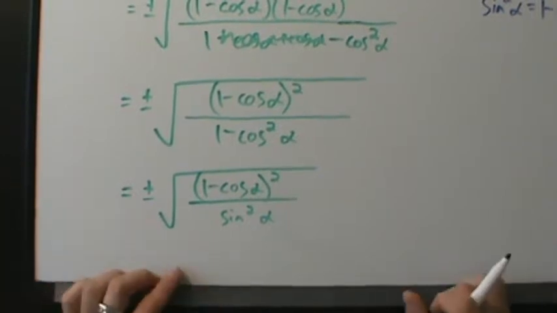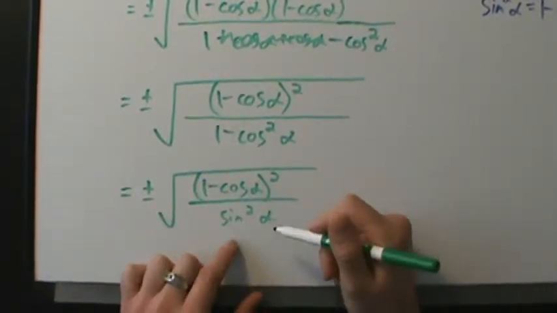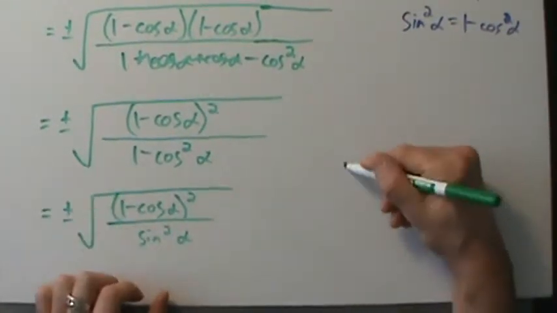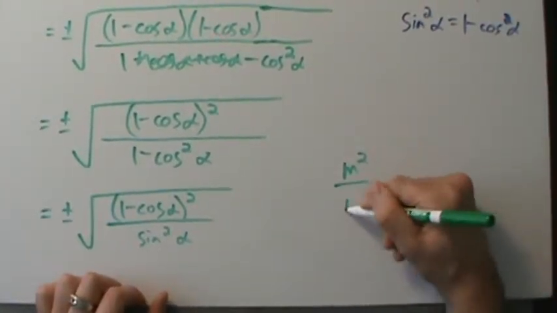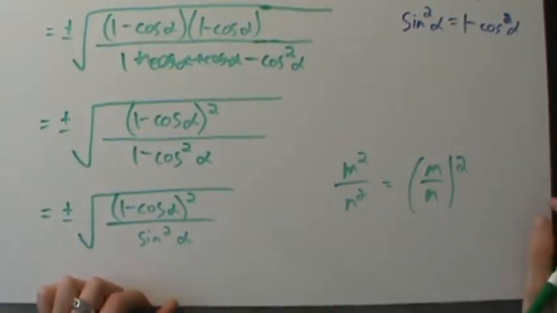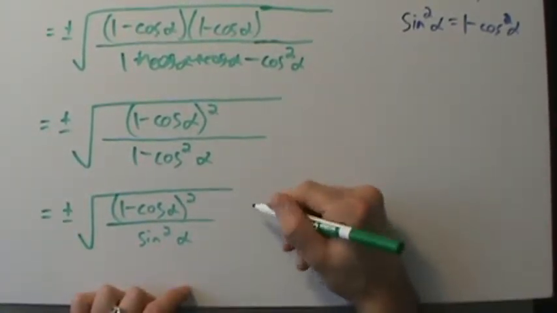Now notice we have something on top being squared and something on the bottom being squared. Ignoring the square root for a sec, if you have something like m squared over n squared, that's the same as the entire fraction m over n being squared. The exact same thing applies here.